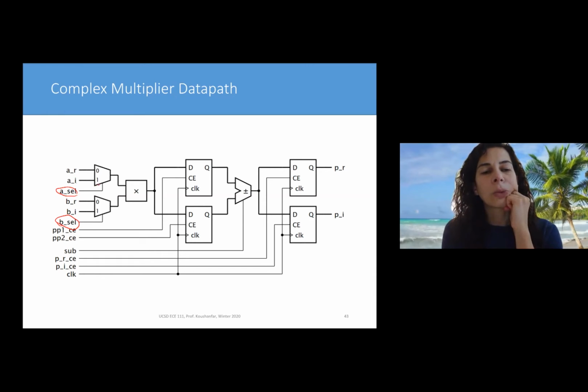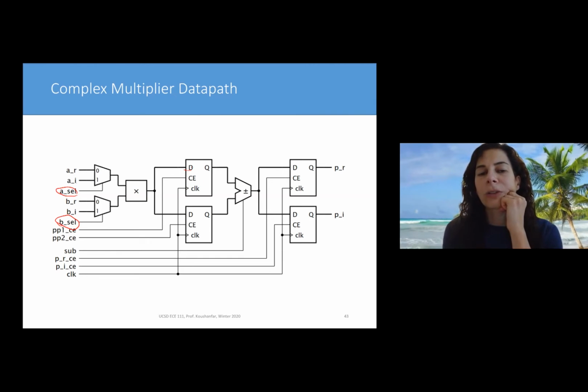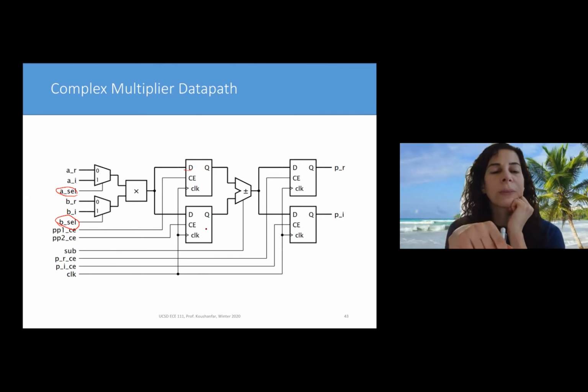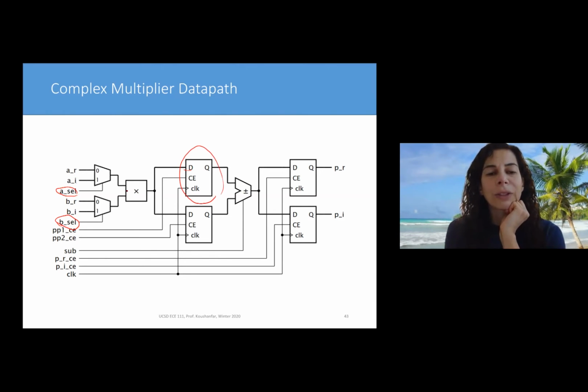And then I'm going to multiply them, and put the result of this multiplication in these registers according to the control signal. If I enable this register, I'm going to have the results stored here. And if I enable this other one, I'm going to store the results here.